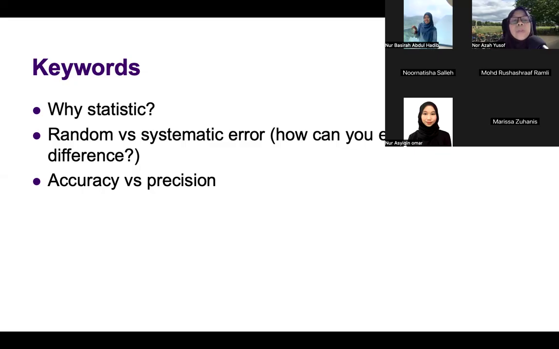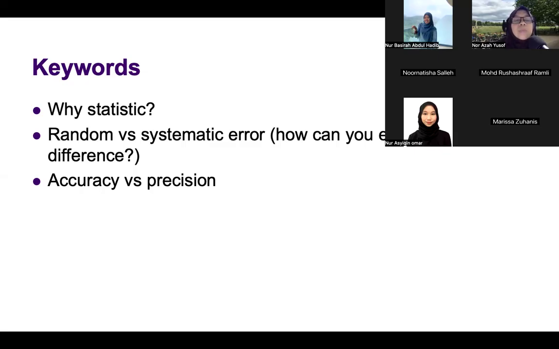The one that needs to be treated using statistics is random error, because systematic error, as I have discussed just now, can be mitigated. It can be resolved. You can eliminate it from the situation by choosing a good method, by maintaining your instruments, by choosing the right operator, for example.